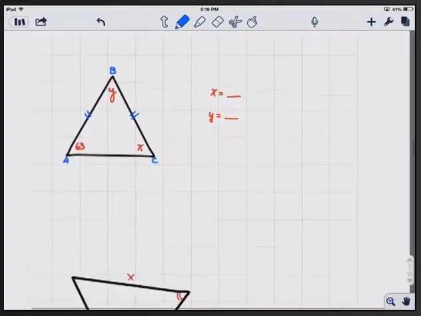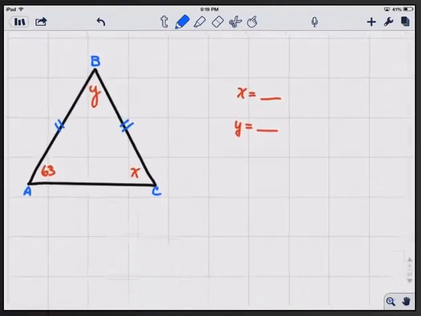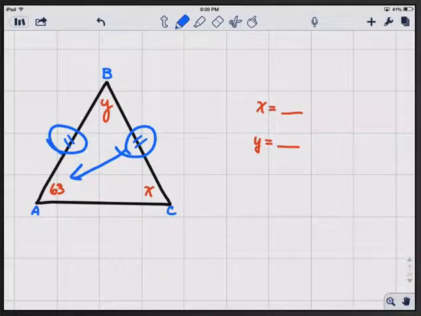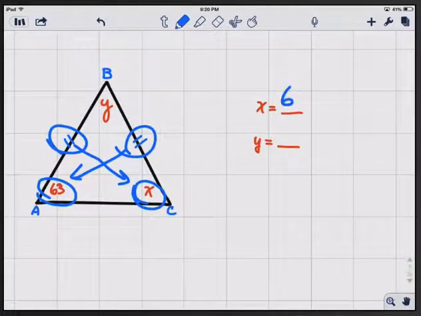Next on our review, we have, if two sides are congruent, as indicated here by the markings, then there have to be two corresponding angles that are congruent. The angles are going to be opposite the congruent sides, so that means this 63 and this x have to be equal.